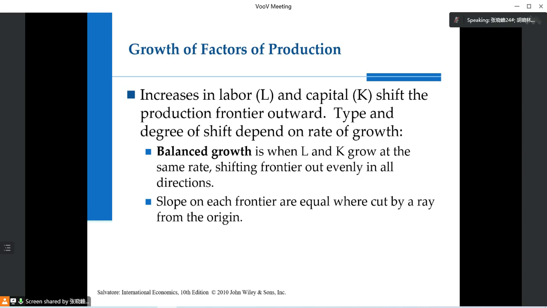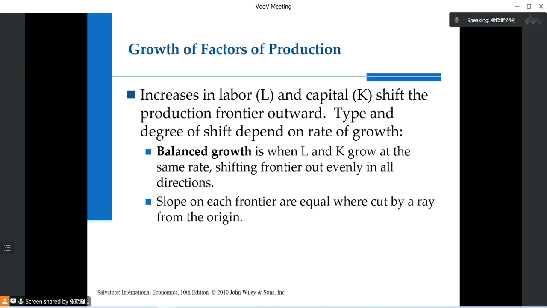Okay, the balanced growth. What is balanced outward growth? The type and degree of shift depend on the rate of growth. Here come two very important research findings.